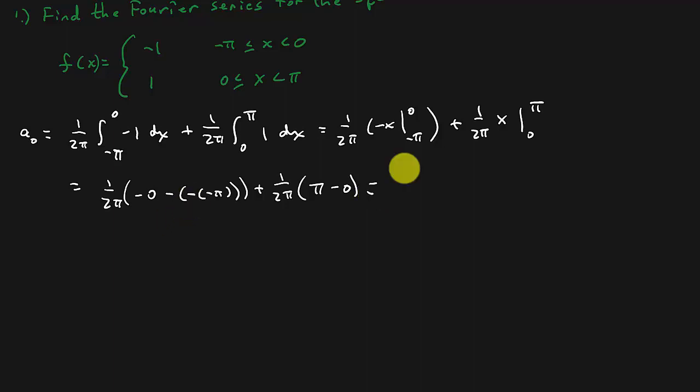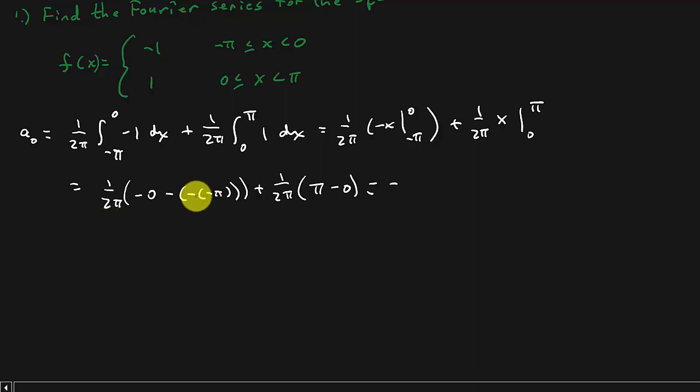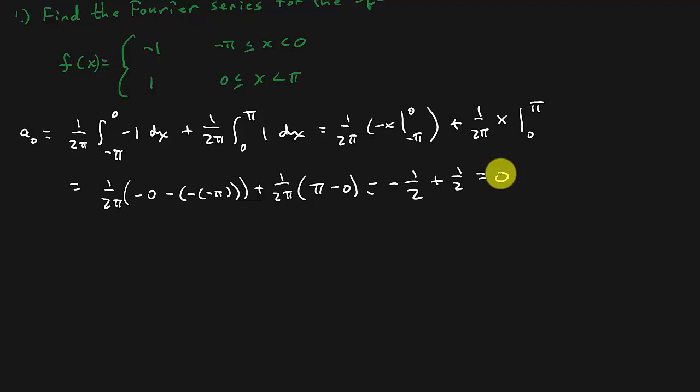So this is going to be a positive, and that's going to be a minus, so that's negative 1/2, because the pi's cancel, and then the pi's cancel here, plus 1/2, which equals 0. So you can see our constant term in this one is 0.